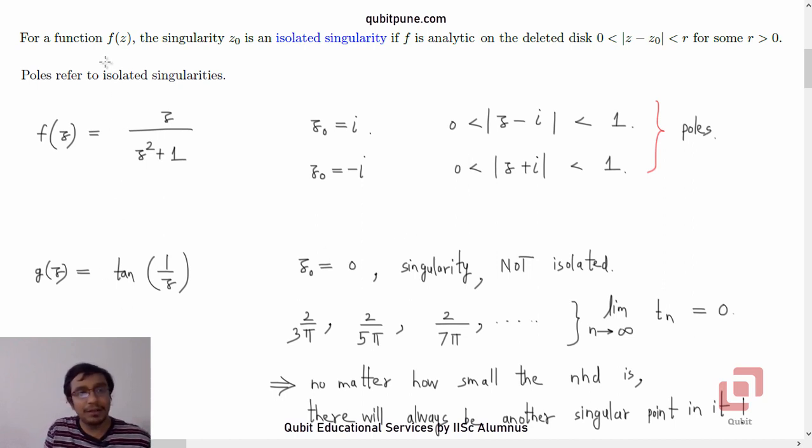If we have a function f of z, and the singularity is z0 where the function is not analytic, we call it an isolated singularity if the function f is analytic on the deleted disk 0 less than mod of z minus z0 less than r for some r greater than 0. And the word pole refers to isolated singularity.